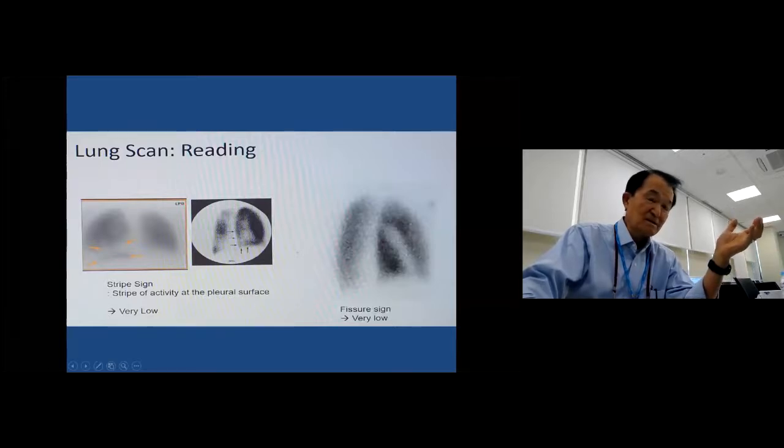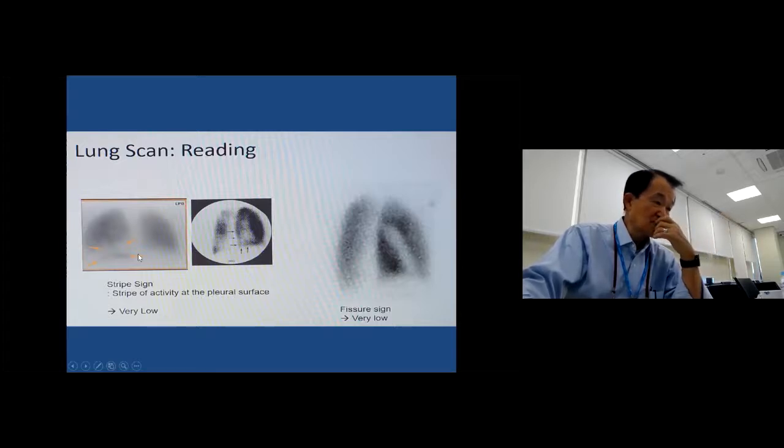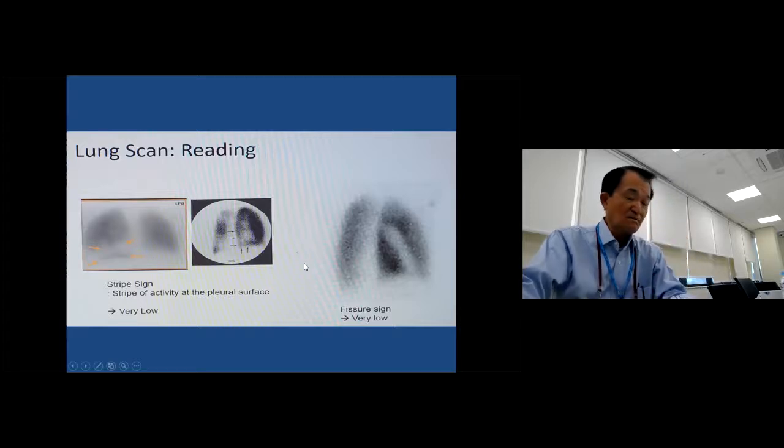If you have a linear defect along the fissure, that's due to fluid or chronic fibrosis along this fissure. So if you know the anatomy, and certain pleural effusion, attenuating things, it's all very low probability.